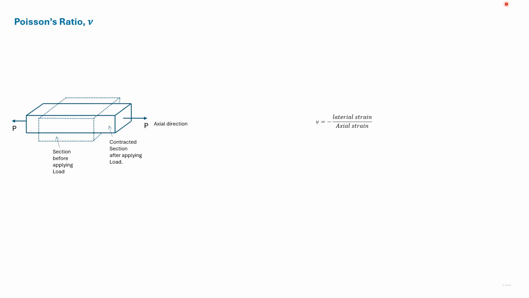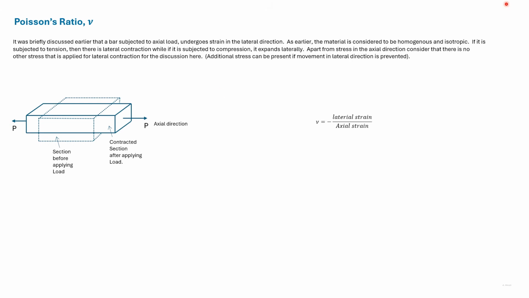Now we have talked about lateral strain and axial strain, and it has been found that the ratio of the lateral strain to axial strain is constant for a given material. The negative of the lateral strain to the axial strain is denoted as nu.